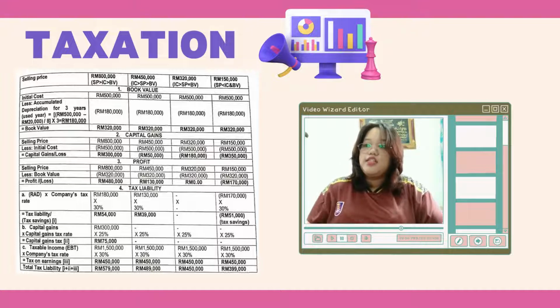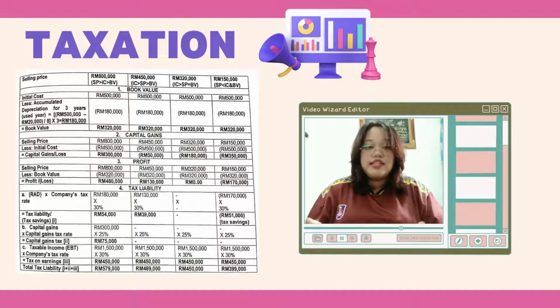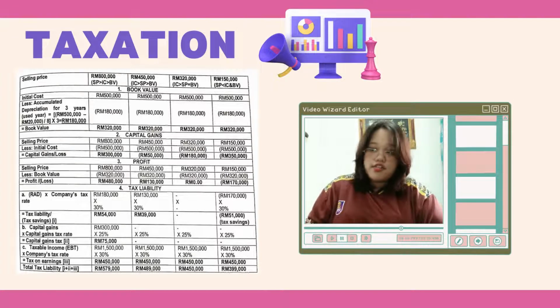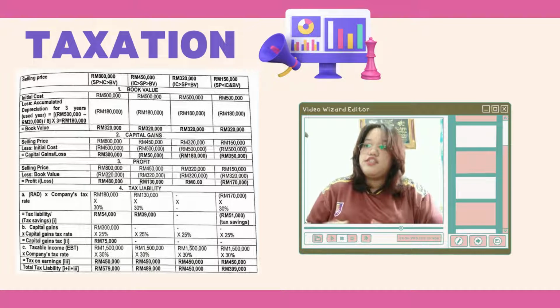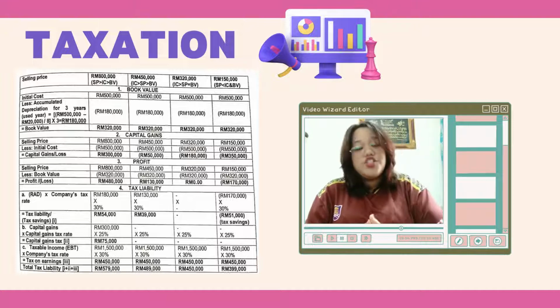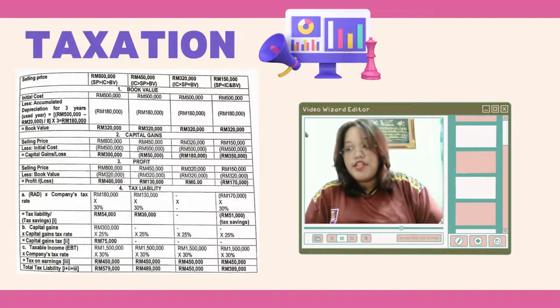Next part is capital gain. For the capital gain, you have to minus the selling price and the initial cost. The selling price is 800,000 ringgit, and the initial cost stated in the question was 500,000 ringgit. So the capital gain is 300,000 ringgit. The next part is profit.